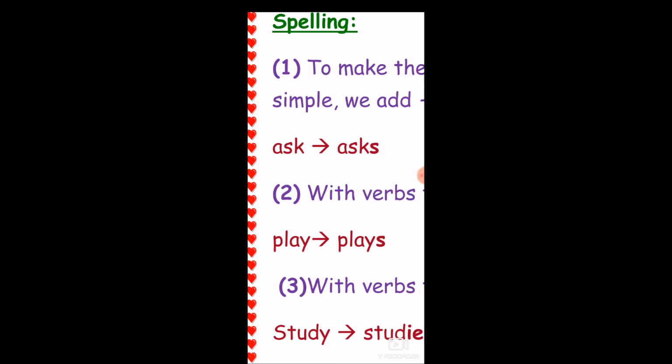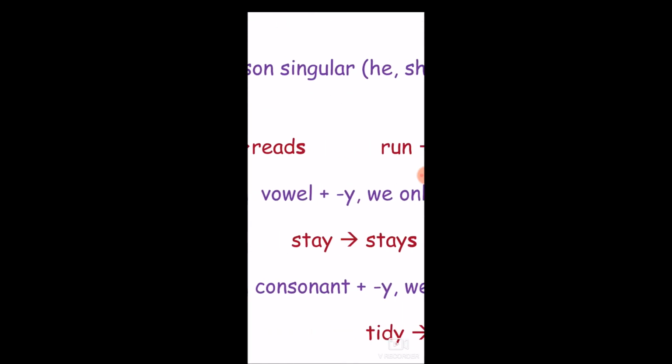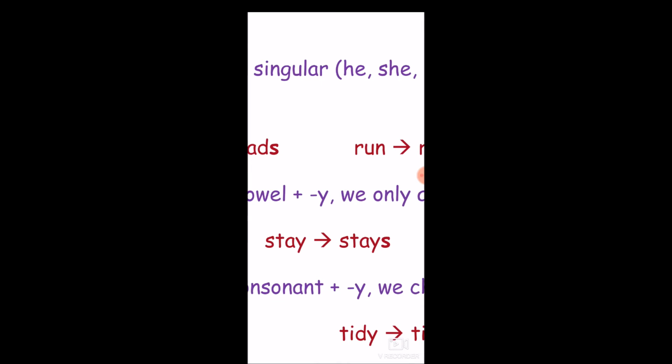There is y, but before it, a. Is it a vowel or a consonant? Vowel. What are the vowels? A, E, I, O, U sounds. These are the vowels. If I find one of these before y, we only add s. We never change y. Another example is stay. Y, before it a, stays. We only add s.